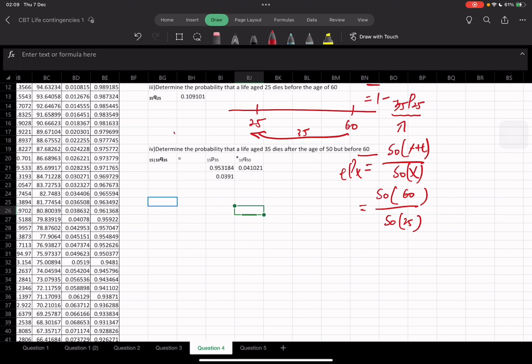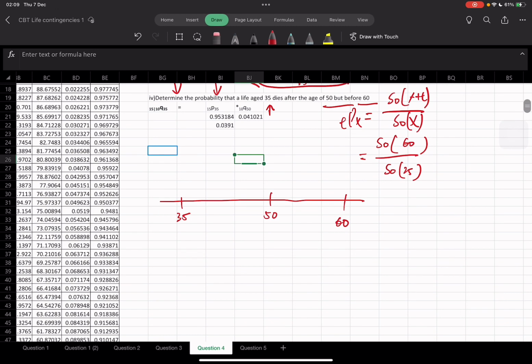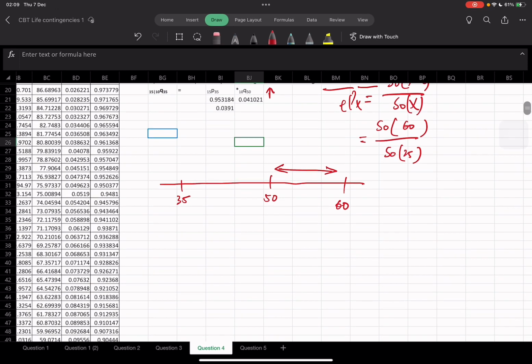For the next question, we need to determine the probability that a life age 35 dies between 50 and 60. For better understanding, draw a timeline: age 35, 50, 60. We can see that the person needs to die within this age range.